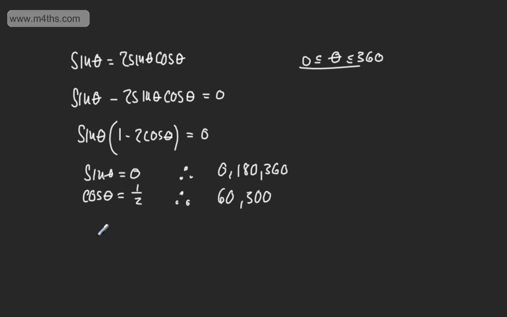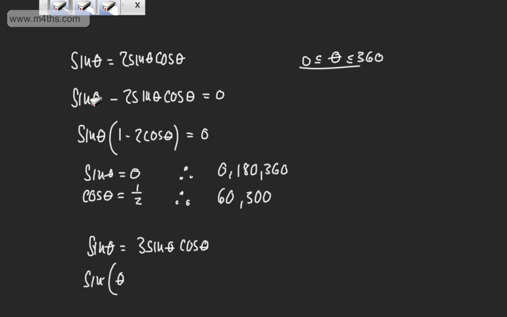So for example now, if I had, let's say, sine theta is equal to 3 sine theta cos theta, then what we could say is, I don't want to divide that, we'd have sine theta, and we'd have 1 minus 3 cos theta.